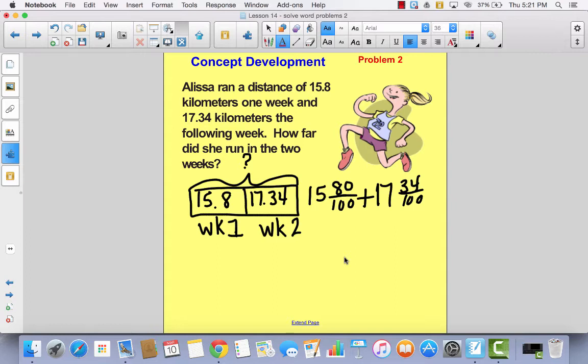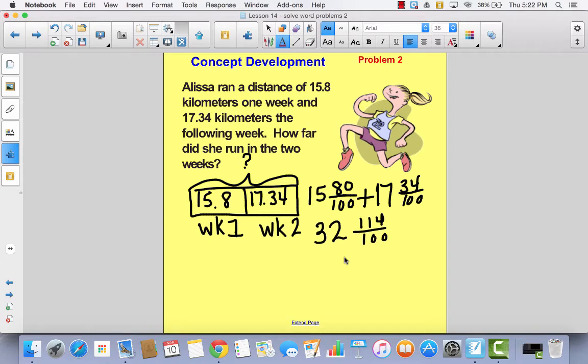So 15 and 17, well, I know 15 and 15 make 30. So in order to make this 15 and 17, that would be 32. And 80 and 34 would be 114 hundredths. So you can see this leaves me with an improper fraction.